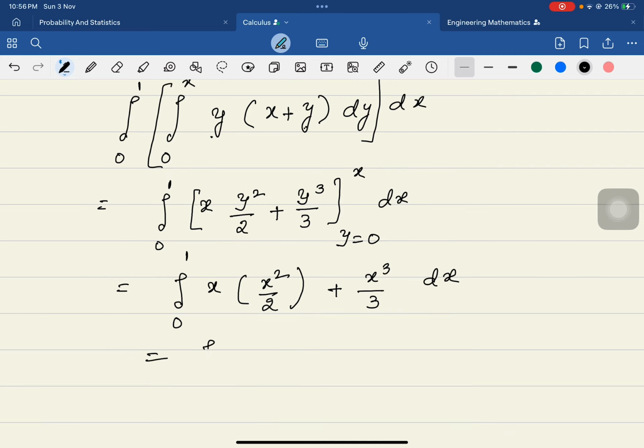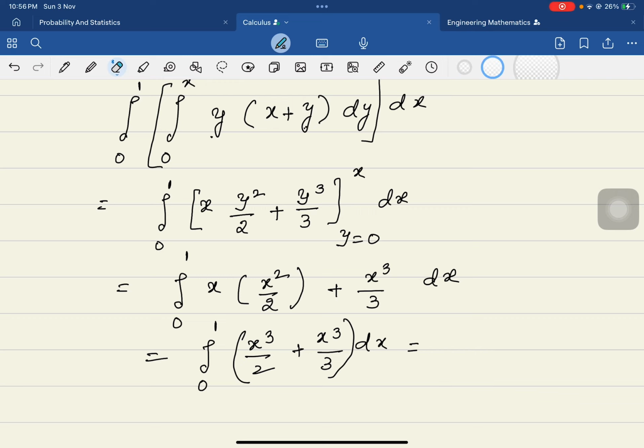So that is integral 0 to 1 of x cube by 2 plus x cube by 3 dx. So it is 1 by 2 plus 1 by 3, which is 5 by 6. I will take it outside, and integral x cube, or you can do it in a simpler way also.